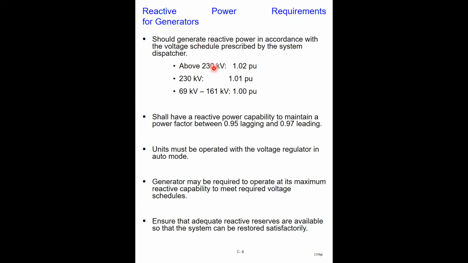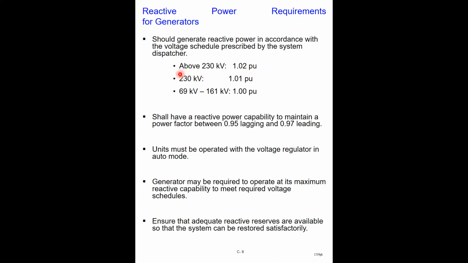So if you have a 230 kV system, I mean the bus voltage where you have the generator connected, the voltage 1.02 per unit, you should have control of reactive power on the generator connecting to the bus above this value. So it is 1.02 per unit.